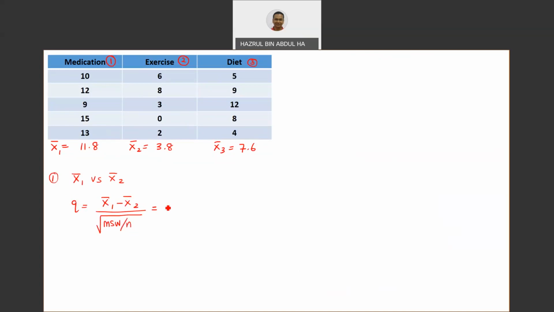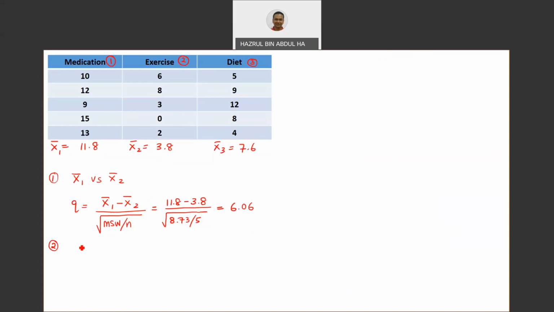This is equal to x bar 1, 11.8, minus x bar 2, 3.8, all divided by the square root of MSW, which for this example is 8.73, divided by the number of samples in each group, which is 5. Simplifying this, the answer is 6.06. So this is for the first pair, between the first group and the second group.